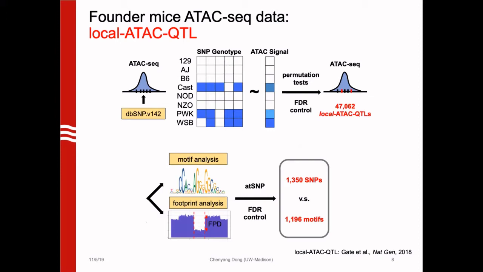We first get the SNPs covered by the ATAC peaks and find the SNPs that strongly correlate with the ATAC peak, which are called local ATAC QTLs. For these 47,000 local ATAC QTLs, we perform motif analysis as well as footprint analysis to find evidence of transcription factor changes caused by these SNPs.